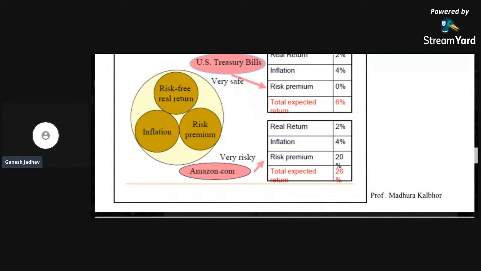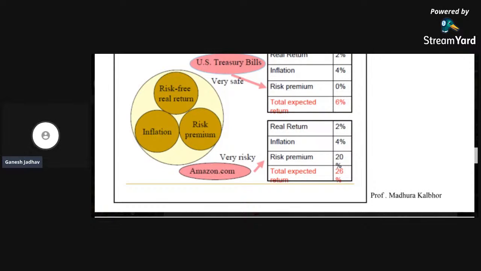But in the second example, Amazon.com, the real return is 2%, inflation is 4%, and the risk premium is 20%. In the US Treasury bill example there is no risk premium, but for Amazon.com there is a 20% risk premium. So our expected return is 26%.